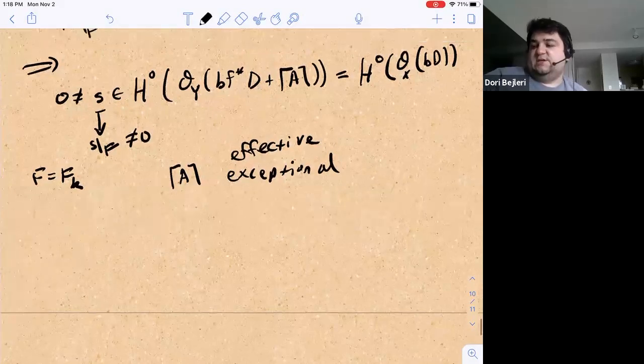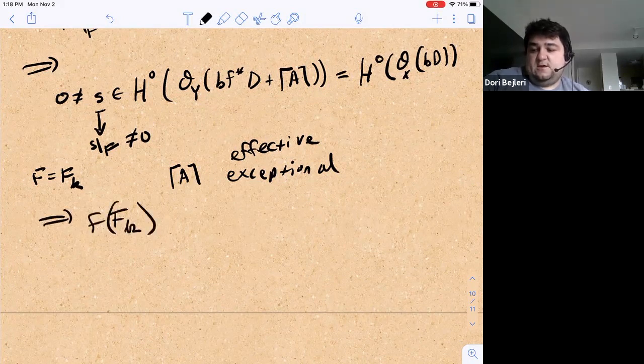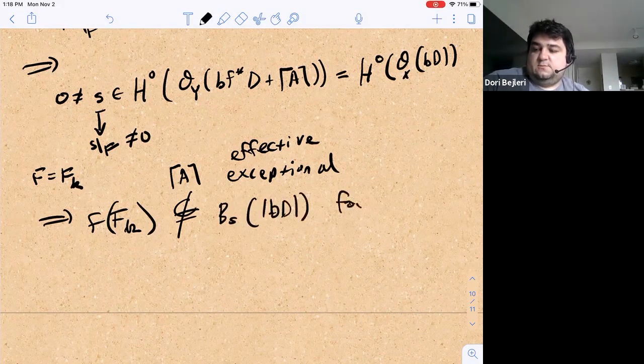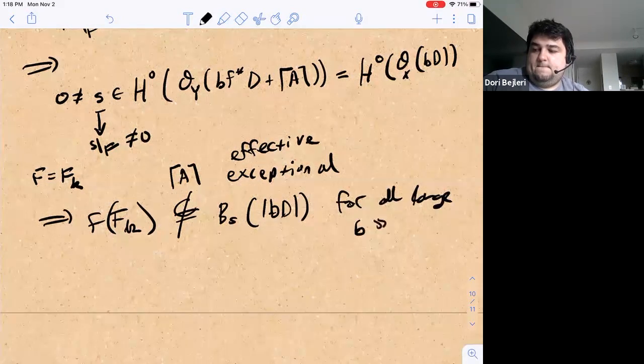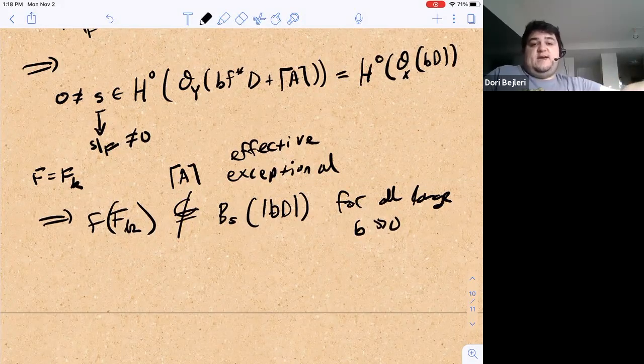So we found some section of BD that when you pull back is not identically 0 on all of FK. And that's a contradiction, because that implies that the image of FK is not contained in the base locus of BD for all large B. But that contradicts our construction of FK, because our FK was a component of the stable base locus of the pullback.